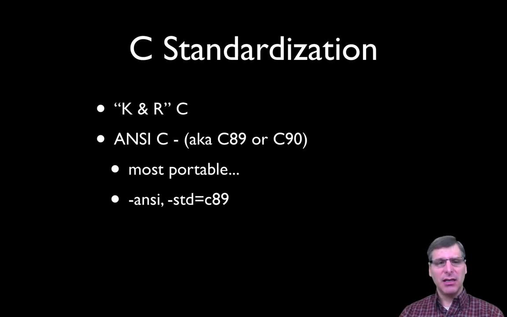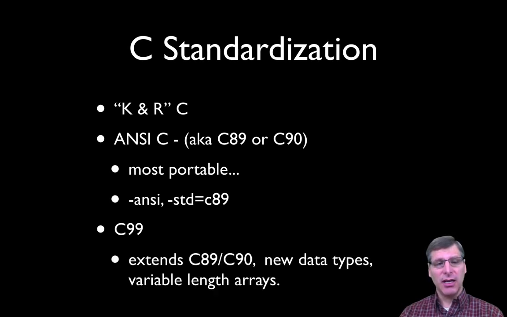And ANSI C is going to be your most portable version of the C language. So if you want to use your code on different platforms, you're really going to want to aim at ANSI C. And most compilers will let us turn on ANSI C mode by using the -ansi or -std=c89 flag.